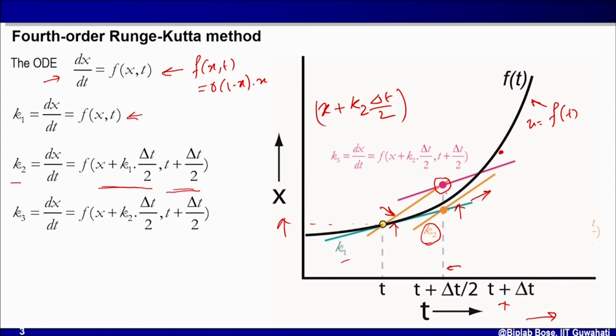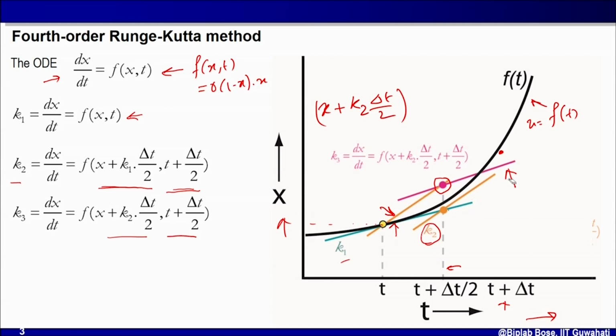So now if I draw a line having a slope dx dt, the slope of that line will be k3 equal to dx dt equal to f function of x plus k2 delta t by 2, that is the value of x at that position, and the value of time at that pink position, that is t plus delta t by 2. So in this way, I have got the slope of this pink line, which is k3.